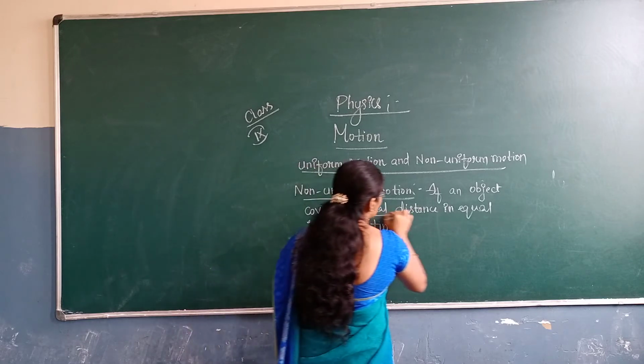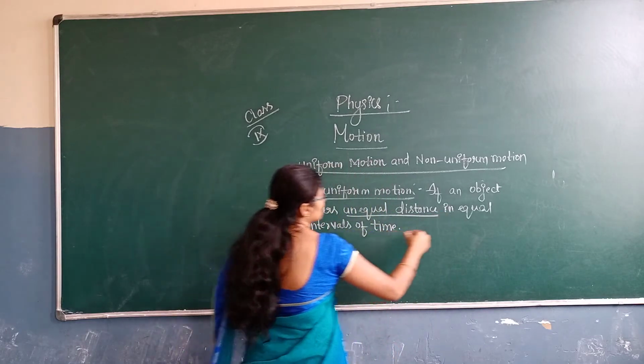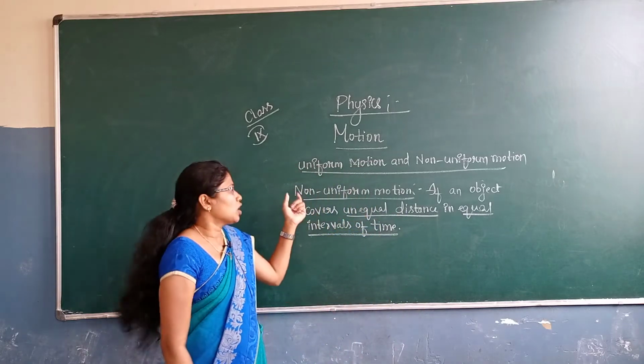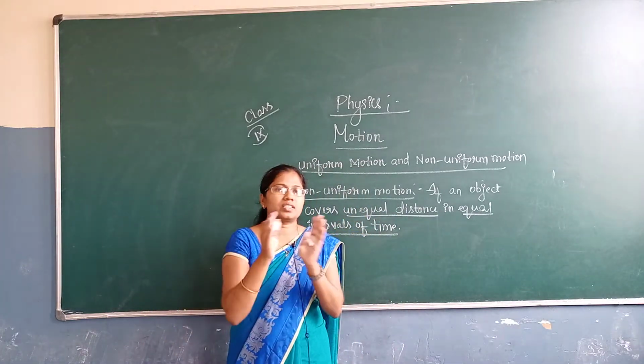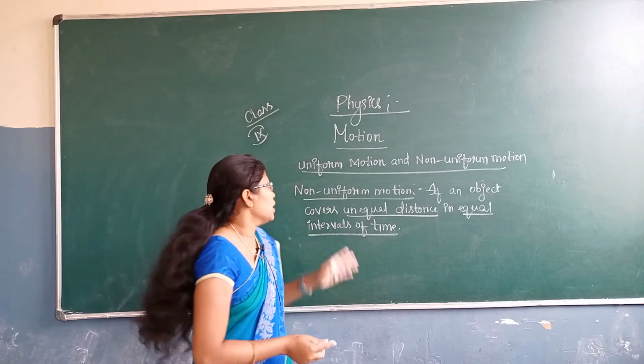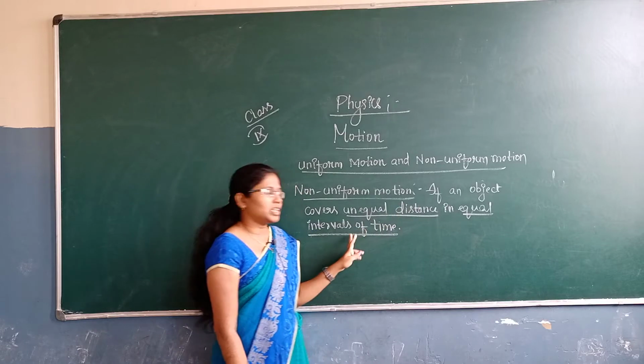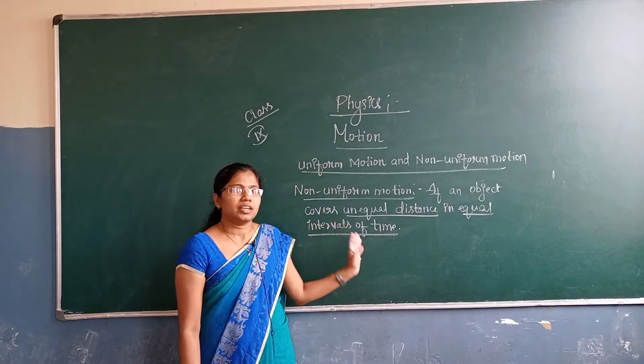Here this is very important: unequal distance in equal intervals of time. Because in uniform motion the distance covered in equal intervals of time will be equal, but in non-uniform motion the distance is unequal, though the time taken by the object is equal.